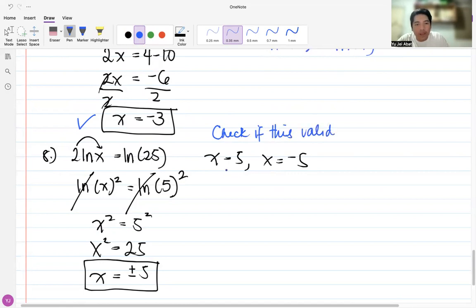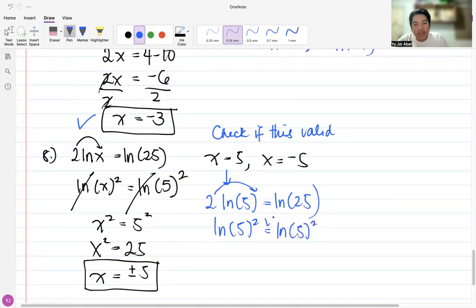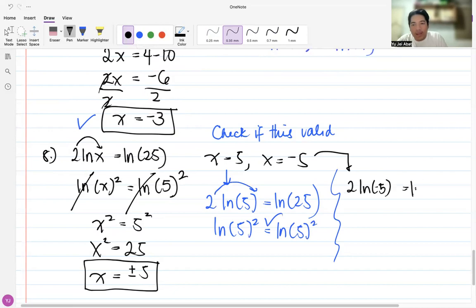For x equals 5, you have 2 ln of 5 equals ln of 25, so I have ln of 5 squared, supposing the 2 goes to the exponent. Check. How about if x equals negative 5? We have 2 ln of negative 5, and then ln of 25.